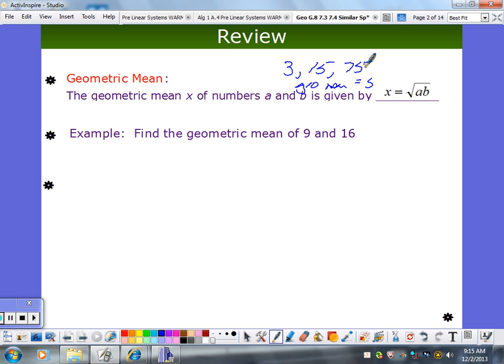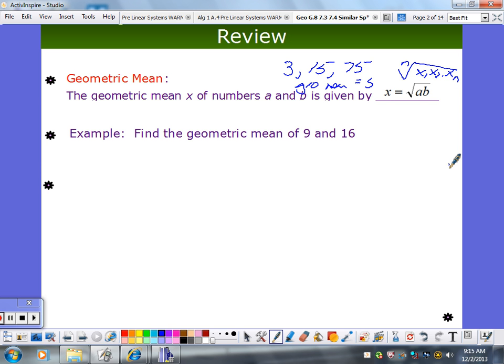It's analogous to an arithmetic mean, except you find it by taking the nth root of a product of n numbers. I don't know if that helps at all, but we're only worrying about 2.